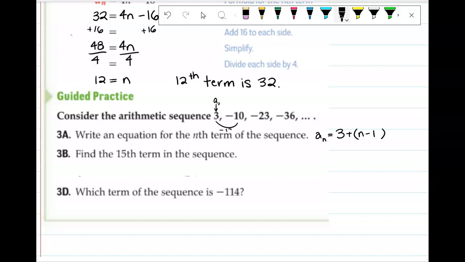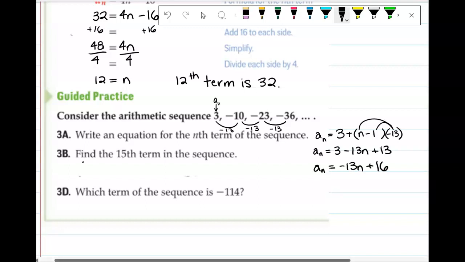We are subtracting 13, subtracting 13, subtracting 13. So the common difference is subtract 13. You really need to put it in parentheses like this so that you can see to distribute it and not mistake it for subtraction. So a sub n is 3 minus 13n plus 13. a sub n is negative 13n plus 16.